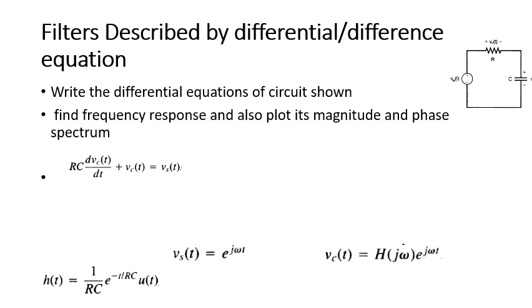So here we have another example, and in this example we have the high pass filter, right? Is it high pass or low pass? So it's a high pass filter. Let me draw the diagram. So again we have the source voltage, VS(t), and this is the capacitor, right?